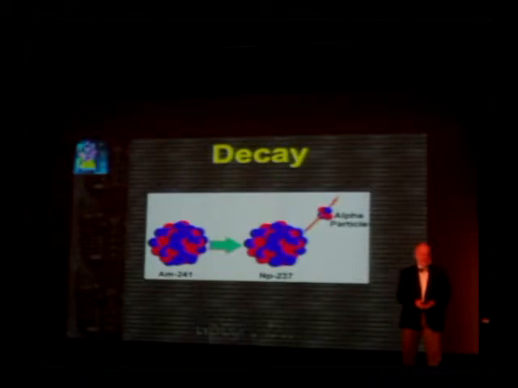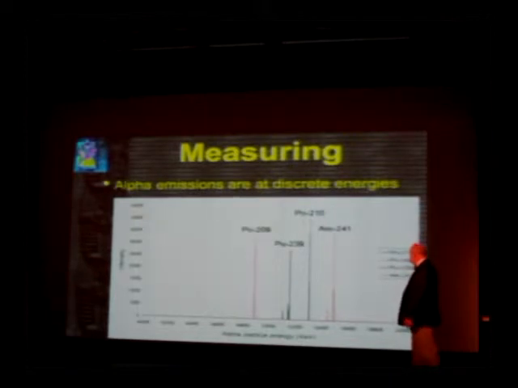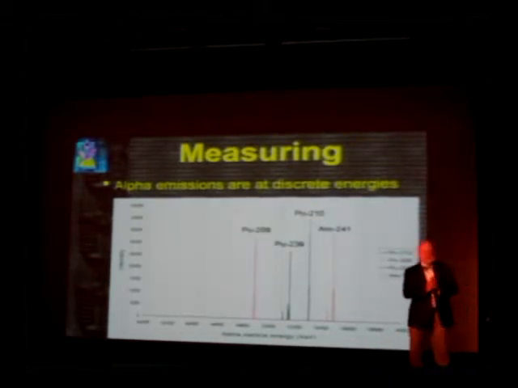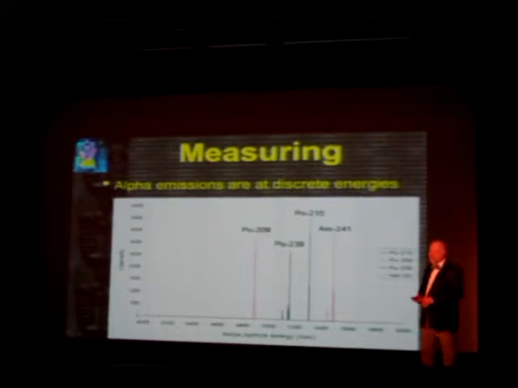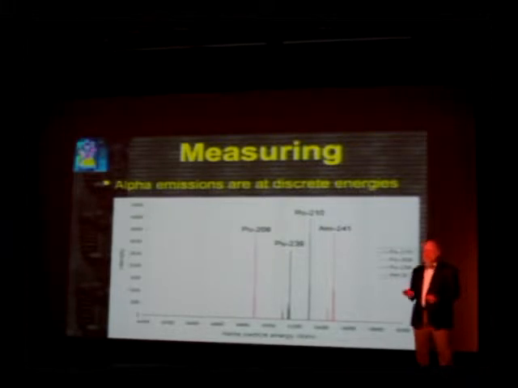It travels even less in your tissues if you get it inside you. More about that later. Measuring it, we have this beautiful, tight fingerprinting with alpha radiation. They're monoenergetic. So if you get the source in the right shape and size, put it in the right detector, you'll get a picture like this.